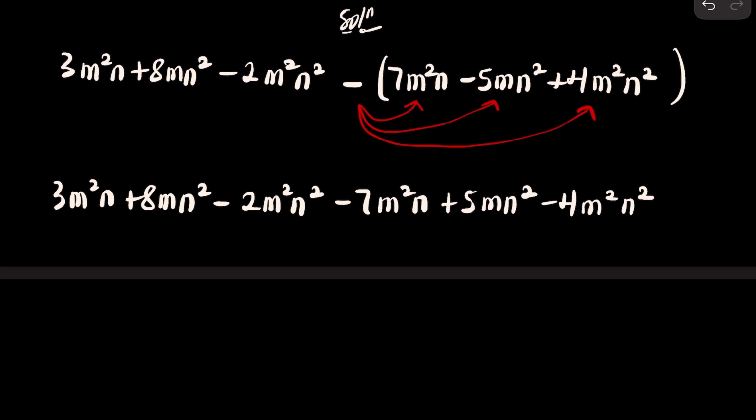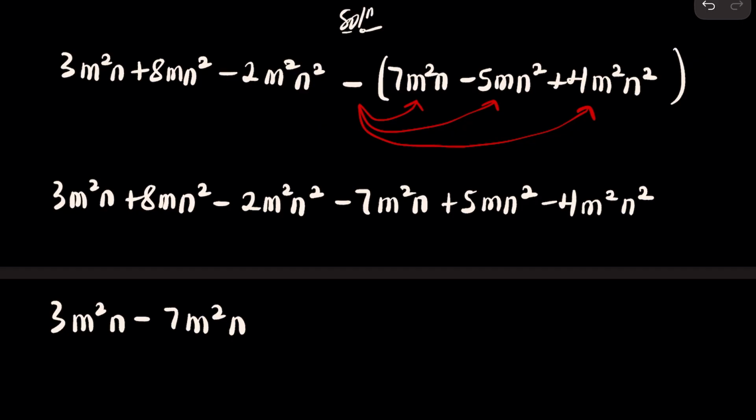So our next step is to group like terms. So here we have 3m squared n. We also have m squared n, so these two are like terms. So we're going to have 3m squared n minus 7m squared n. Here we have mn squared.